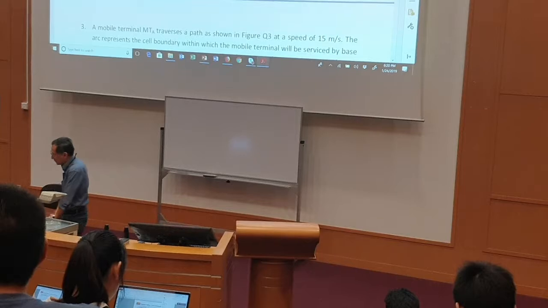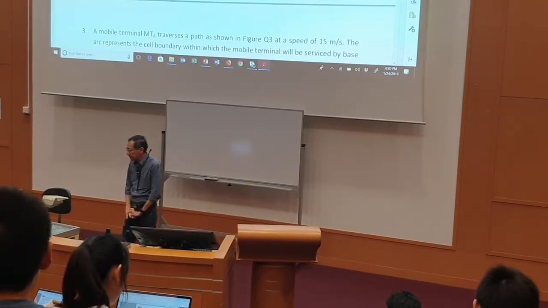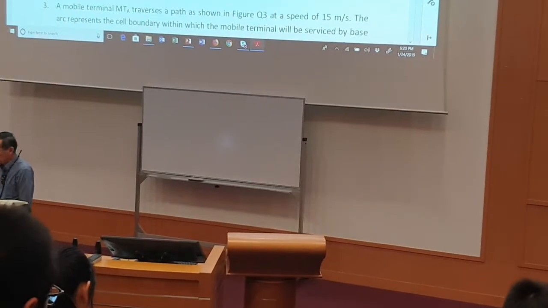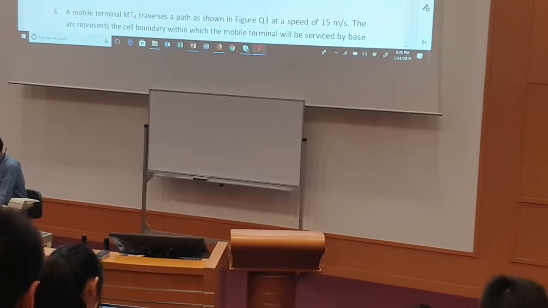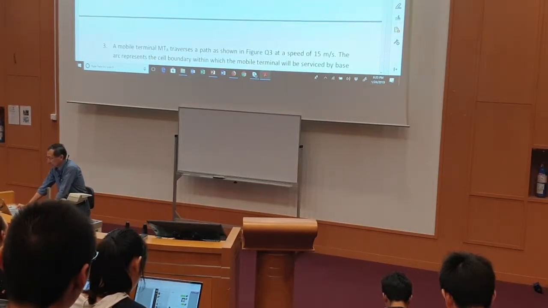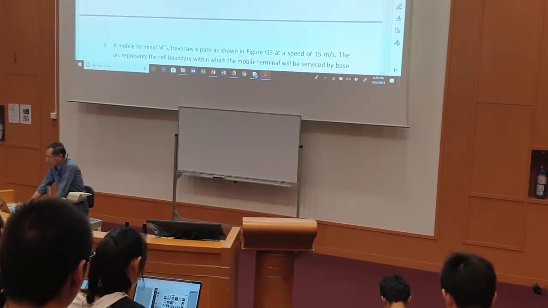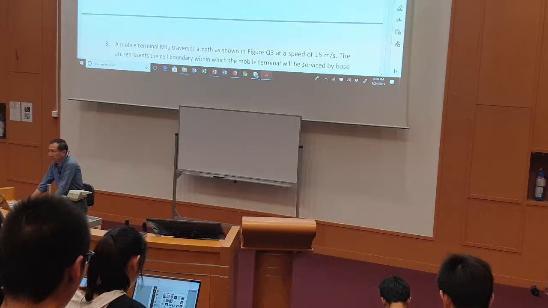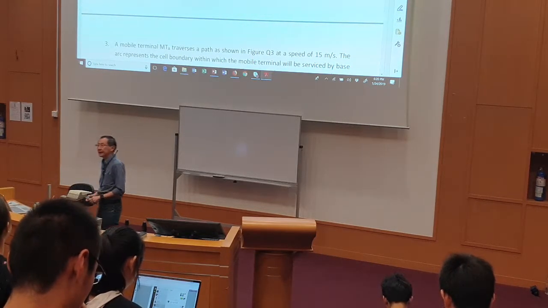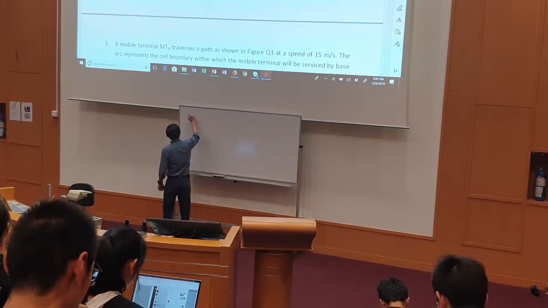Question 2. A mobile transmitter travels at a constant speed of V meters per second. It experiences Rayleigh multipath fading. The received signal envelope undergoes 100 fades per second. So now, this is NA, so we know NA now.